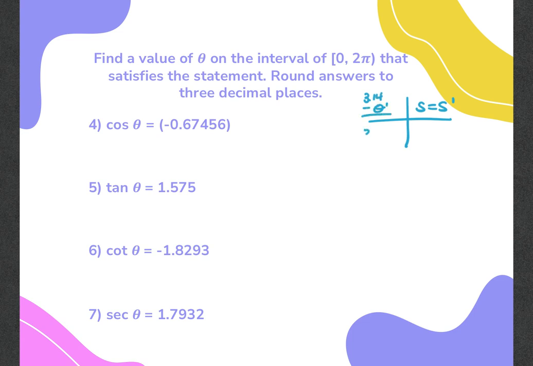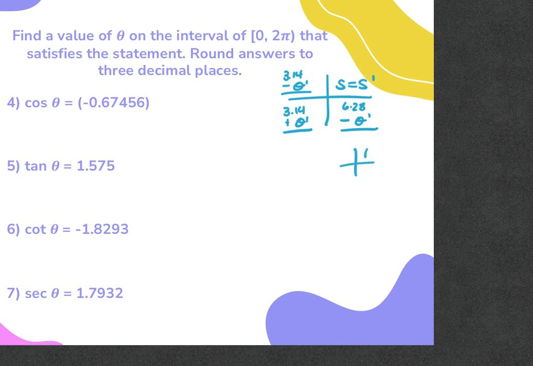In the third quadrant, we do 3.14 plus the reference angle. In the fourth quadrant, we do 6.28 minus the reference angle. Remembering that All Students Take Calculus, because that's going to tell us which ones to pick. And again, these should usually have 2 answers.